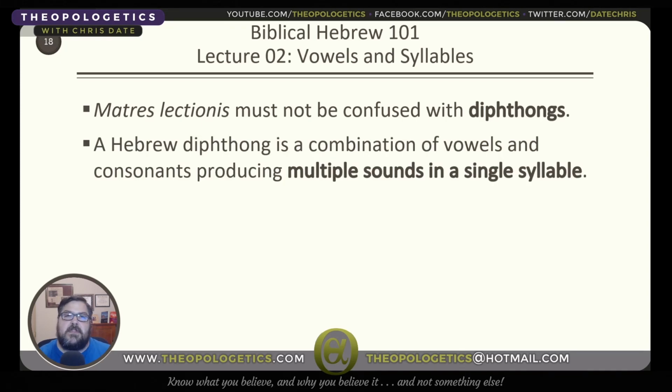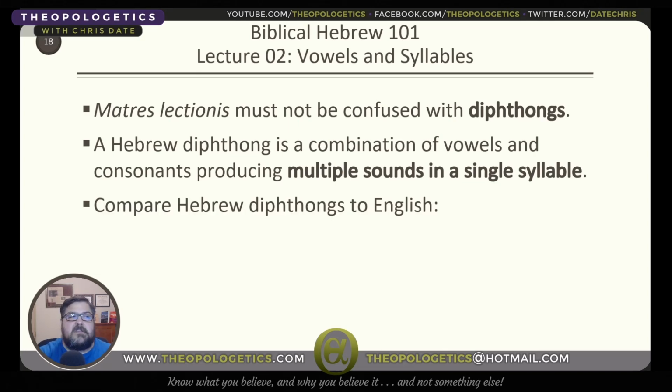A Hebrew diphthong is a combination of vowels and consonants that produces multiple vowel sounds, or in some cases consonant sounds, as you'll see, in a single syllable. So consider comparable diphthongs in English. The OY in the word boy. Boy is a single syllable, but the O and the Y make two different vowel sounds that converge in a single syllable, oi.